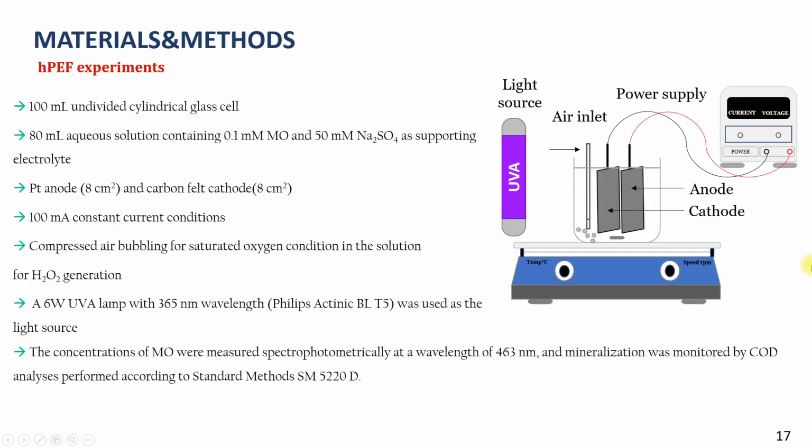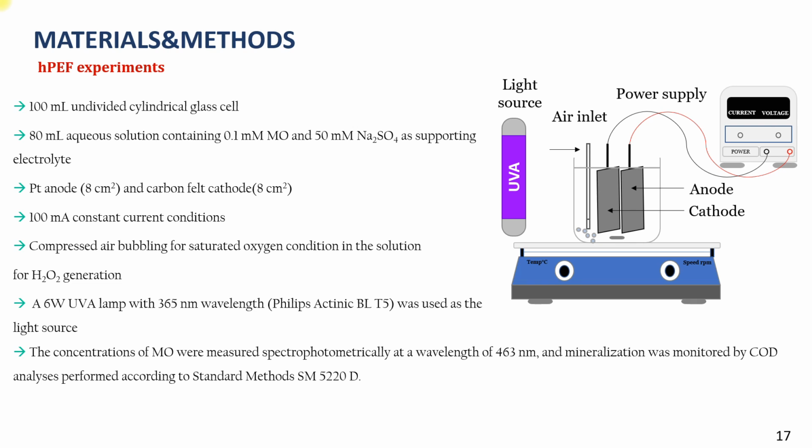We have performed our electrocatalytic, photoelectrocatalytic, and photoelectro-Fenton processes in a 100 milliliter cylindrical glass cell, which contains 80 milliliters of 0.1 millimolar methyl orange, and in the electrochemical processes we have used 50 millimolar sodium sulfate as supporting electrolyte.